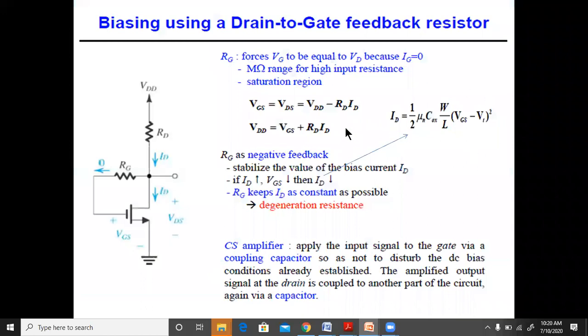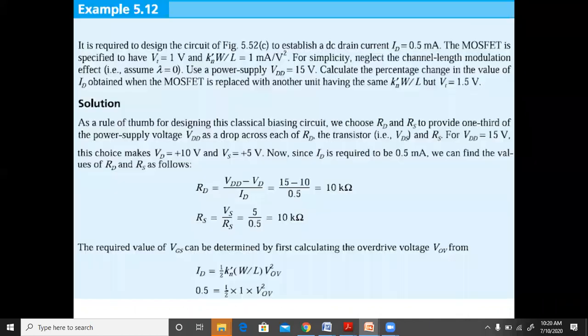This equation is generally multiplied by 1 plus lambda VDS when we have channel length modulation. Because we are neglecting it, we will consider only that equation.